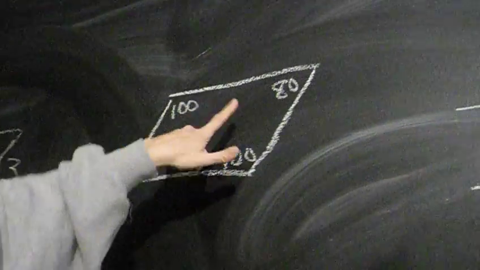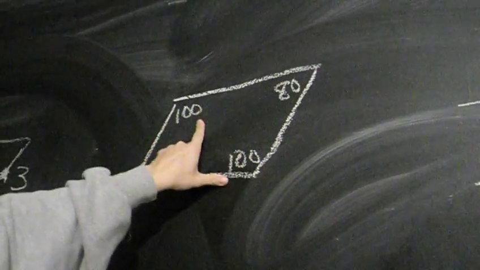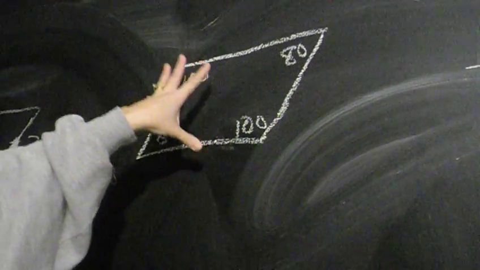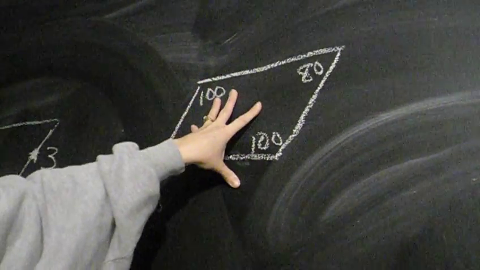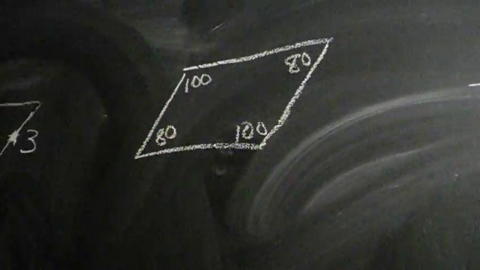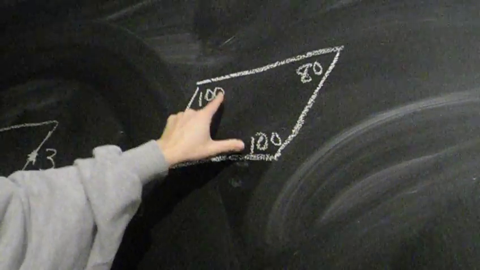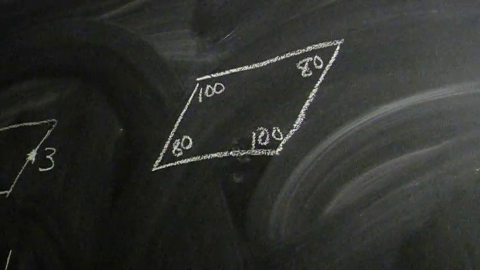These two are 100. These two are 80. When you have that case, I can call this a parallelogram. We're trying to call quadrilaterals parallelograms, so we're kind of going backwards from what we've already learned. I can call that a parallelogram because both pairs of opposite angles are congruent in the quadrilateral.